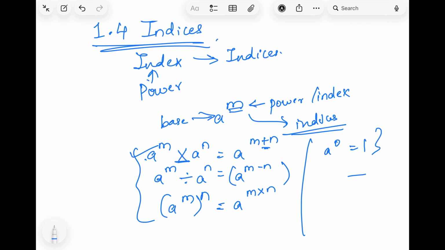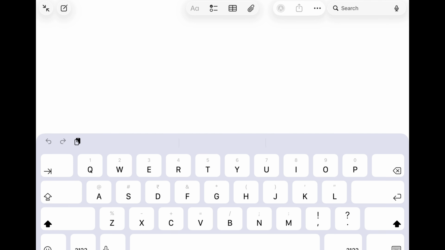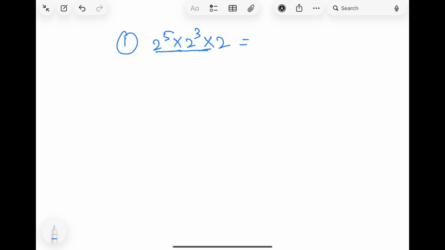There are more laws of indices which I have covered in that video. So if you want in-depth knowledge, please go through that video. I'll just take up 2-3 examples depending upon these laws, because already the laws have been taken in another video. 2 raised to 5 into 2 raised to 3 into 2. Here it's multiplication and the bases are same.